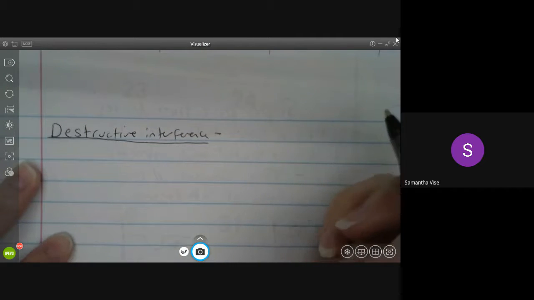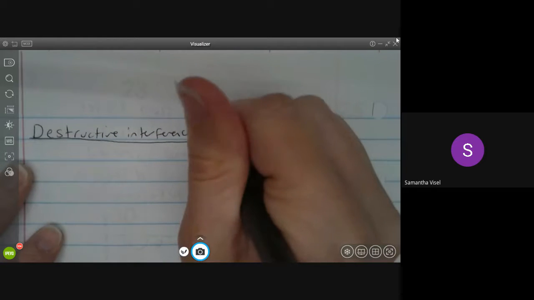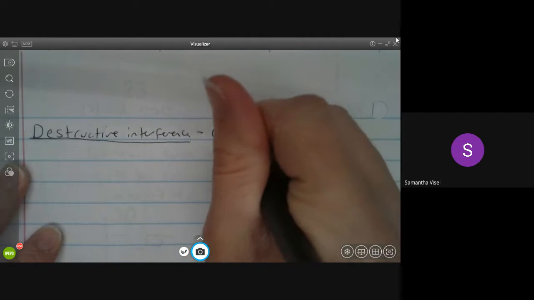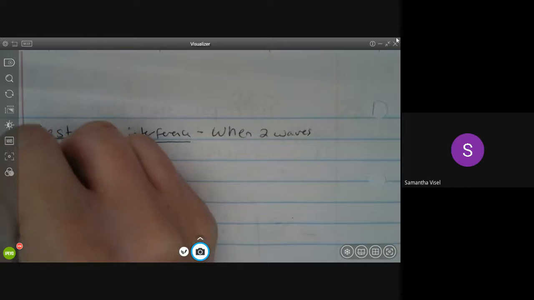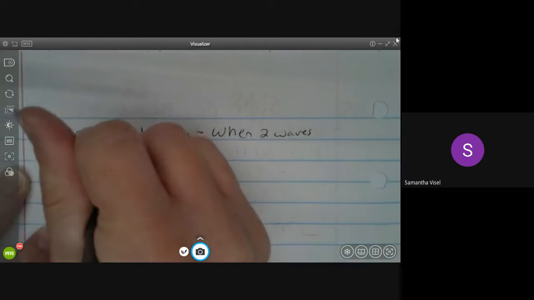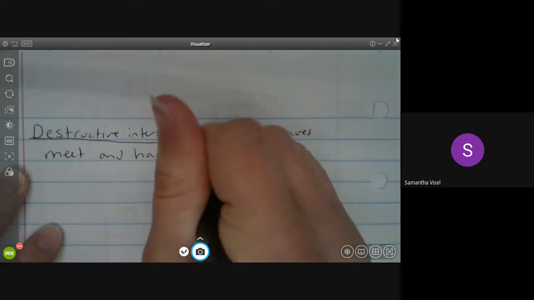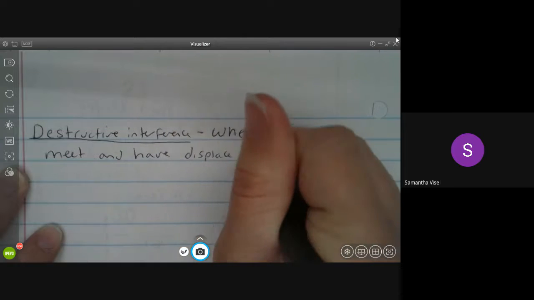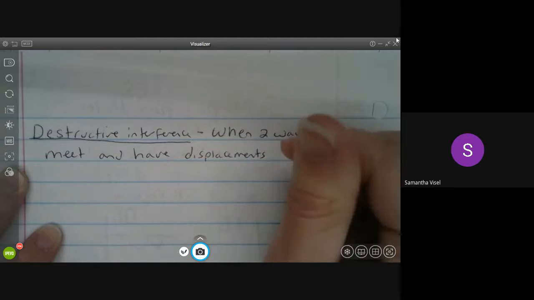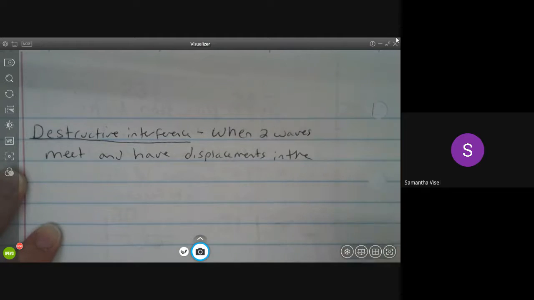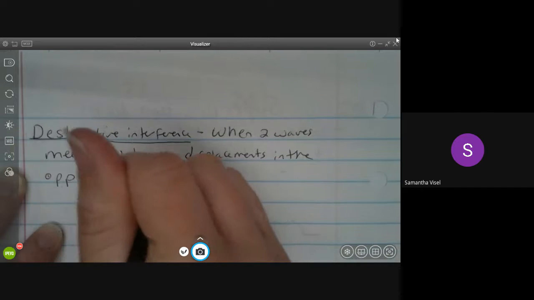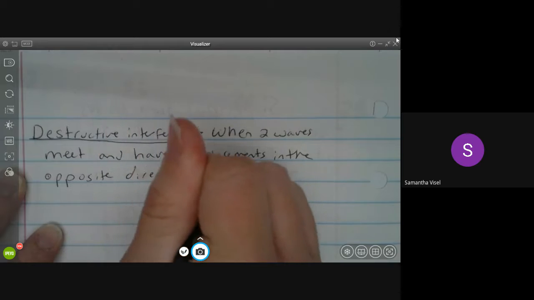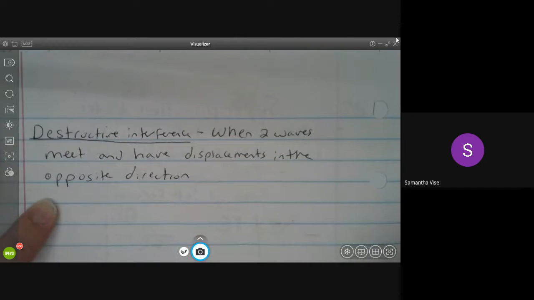And so with destructive interference, this is when two waves meet and have displacements in the opposite direction. So when two waves meet and have displacement in the opposite direction.